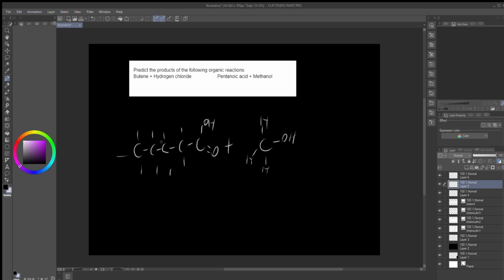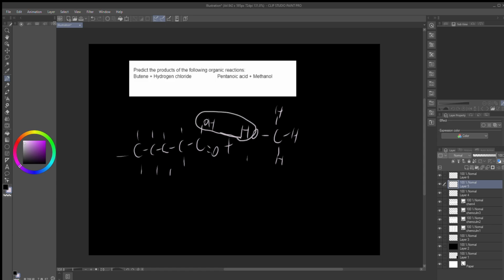Actually, let me redraw it so that it's easier to explain it. So plus, let's say HO, CH3. And so in this reaction, this is called an esterification because we're basically forming an ester.